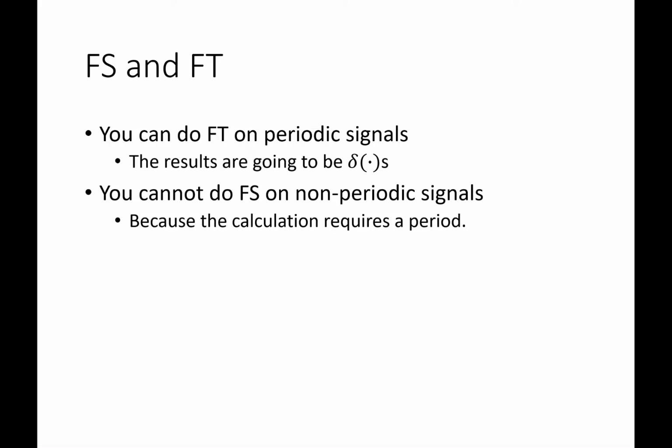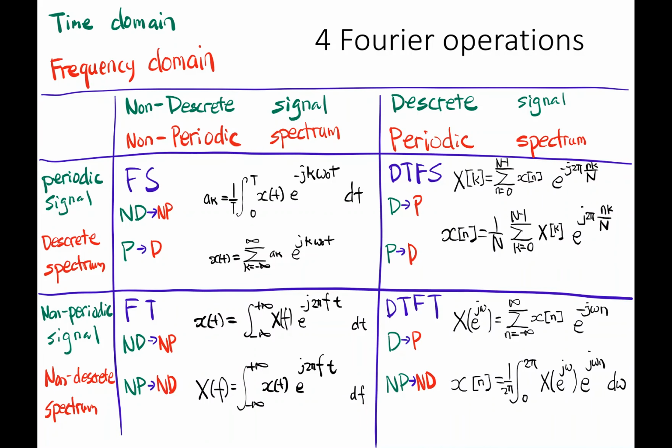Yes, and for Fourier transformation and Fourier series, as I said, you can do Fourier transformation on a periodic signal, even though I say this is for non-periodic to non-discrete, but this is a general thing.